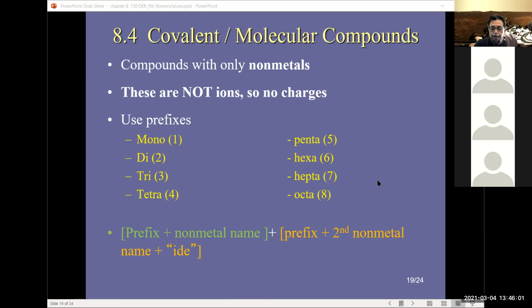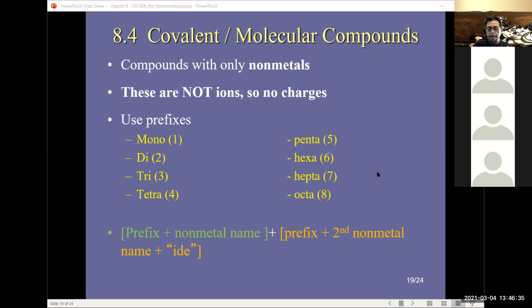Now, the central atom, its name is whatever its name is from the element. So like we said, carbon dioxide, it stays carbon, right? But the two oxygens, the name stays like as if it was an ionic compound, it's oxide. So hence carbon dioxide, meaning there are two oxygens. But the first nonmetal, we just give it whatever the name is from the element.